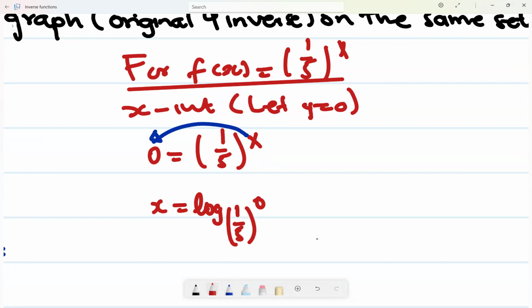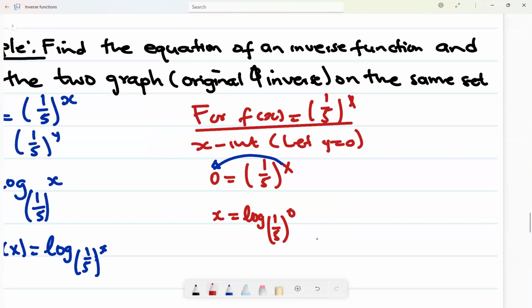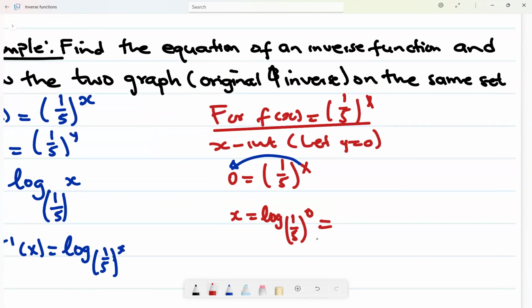You're going to use the log that has the small base and big number like that. So it's going to be log 1 over 5 to the power of 0. This gives me undefined. So this gives me what? No solution.